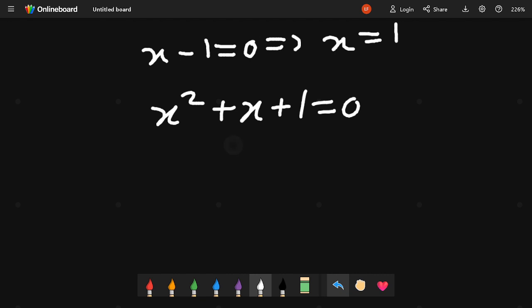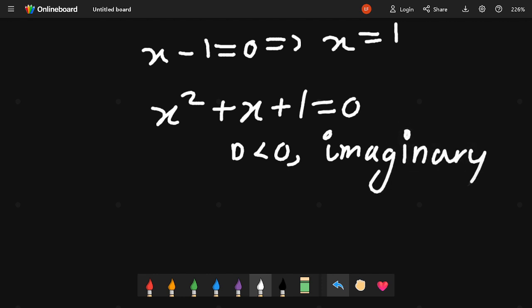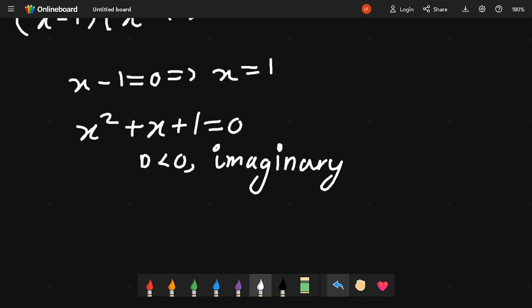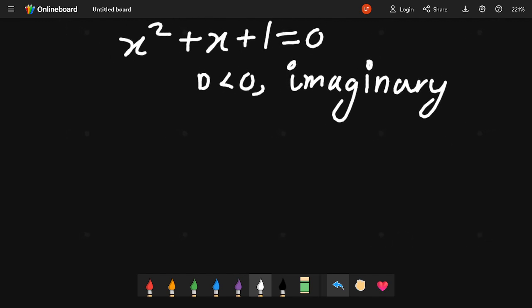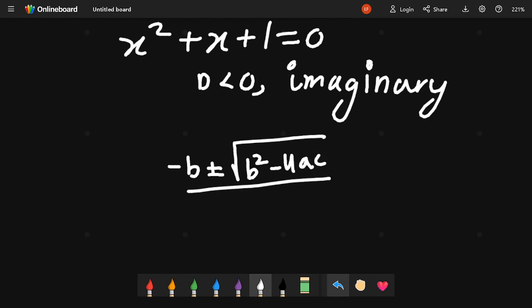We learned in the last video that if the discriminant is less than 0, a quadratic has imaginary roots. So, how do we find the imaginary roots of this equation? We can use the quadratic formula. We know that the quadratic formula is minus b plus or minus the square root of b squared minus 4ac over 2a.